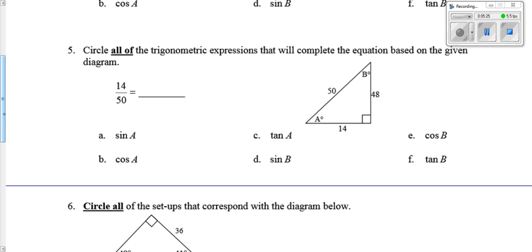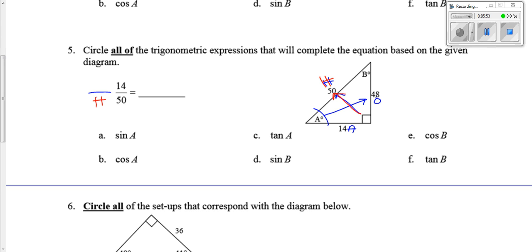For number 5, we're doing the same thing. We're circling all trigonometric expressions that will complete the equation based on the given diagram. So from A, 14 is my adjacent, 48 is my opposite, 50 is my hypotenuse, always. Especially going to do that one in red because this is always my hypotenuse. So 50 is definitely my hypotenuse no matter which figure I'm looking at.